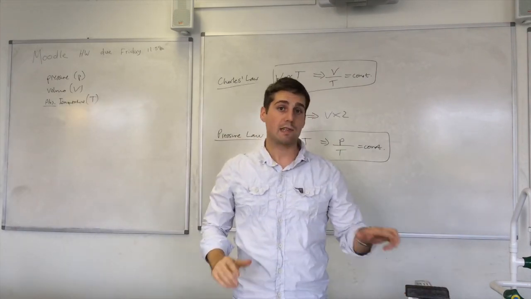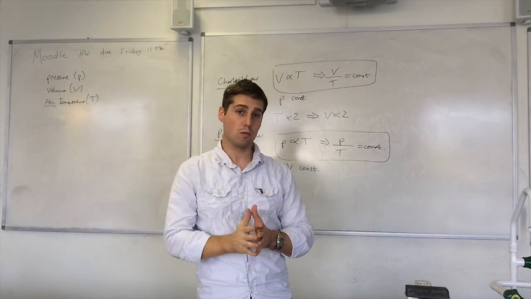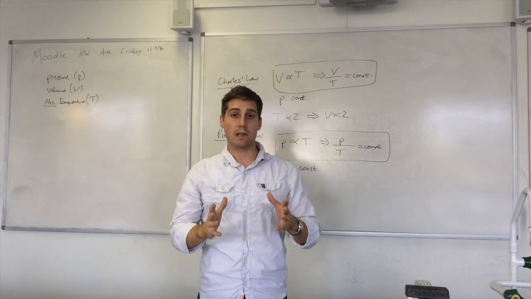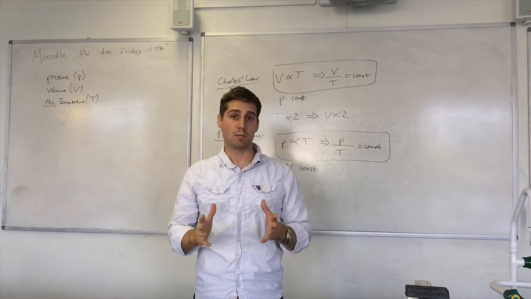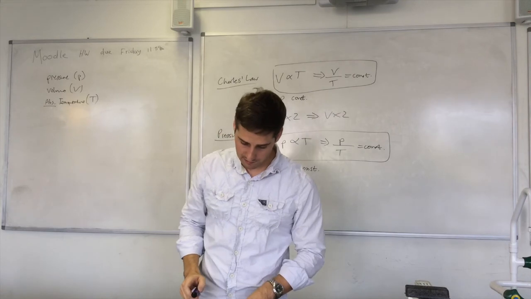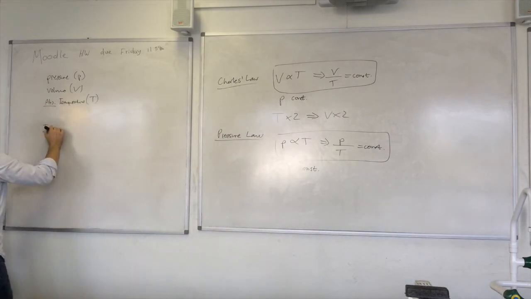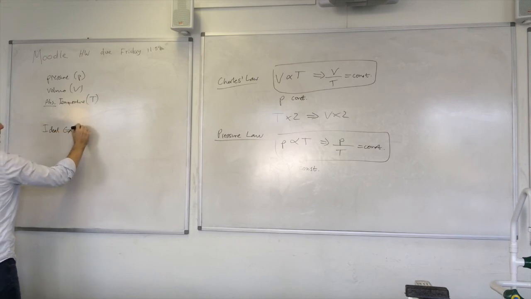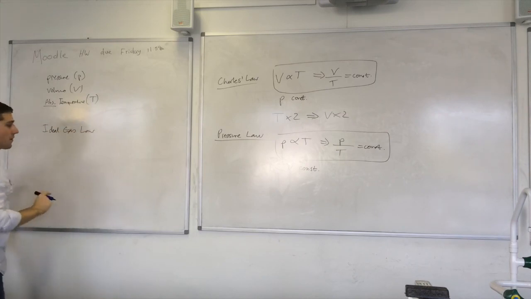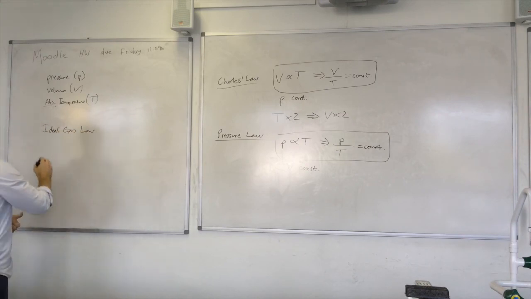An ideal gas is a theoretical model. An ideal gas obeys all of the gas laws perfectly. So that's what it is. And let's write this down. Ideal gas law. So we combine all 3 relationships.